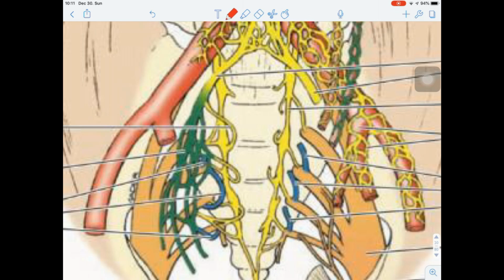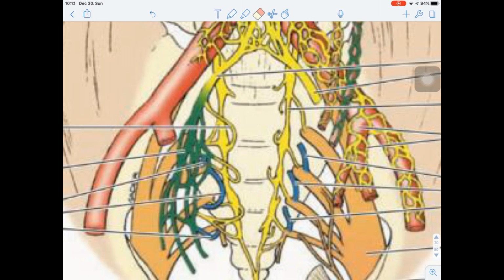You see, it gives you a few branches toward the plexus. So these are going to be presynaptic sympathetic branches, which you call sacral splanchnic nerves. So sacral splanchnic nerves are sympathetic and presynaptic.